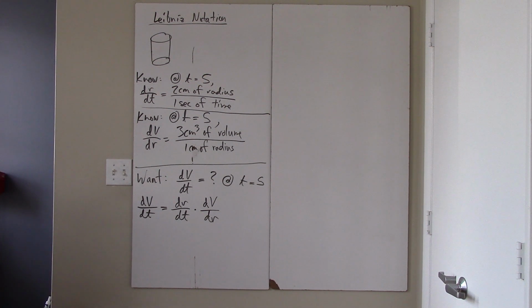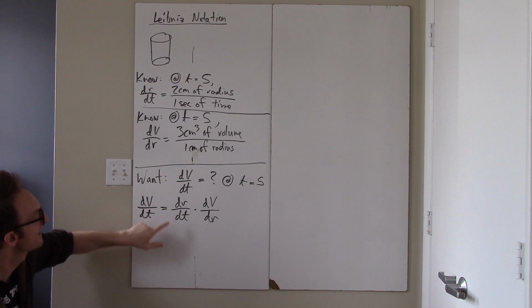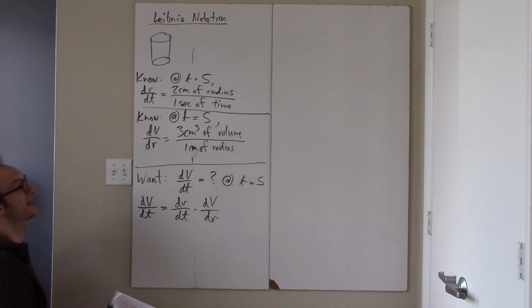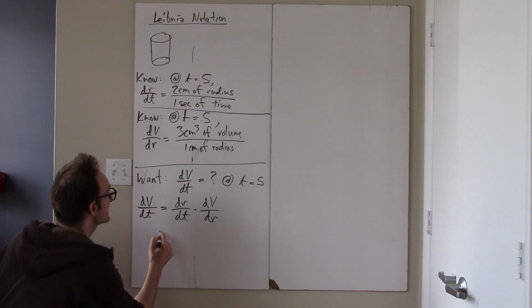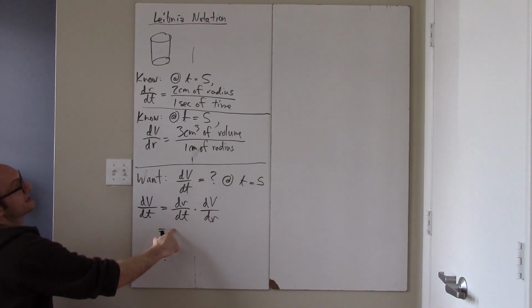So, if I want to know the rate at which the volume is changing, I sort of just want to multiply here, right? What is dr dt?